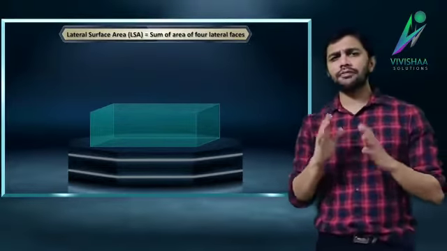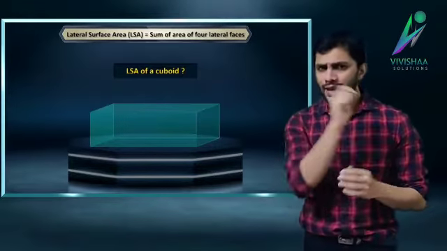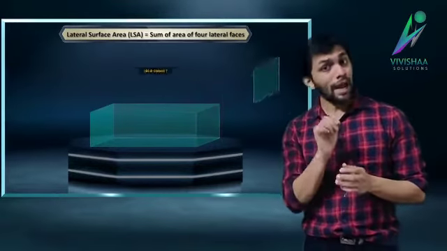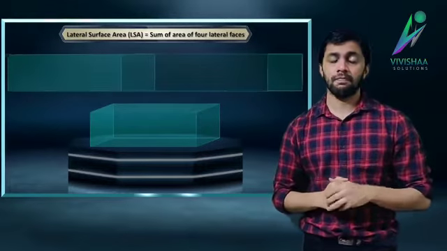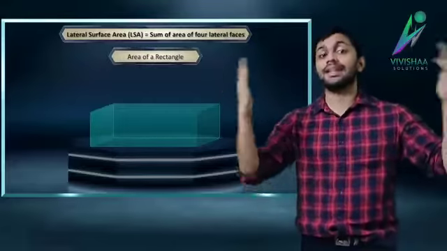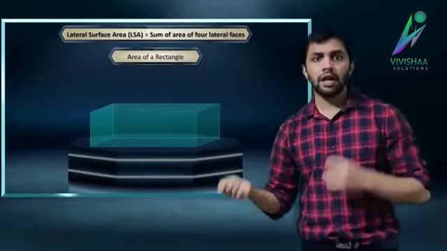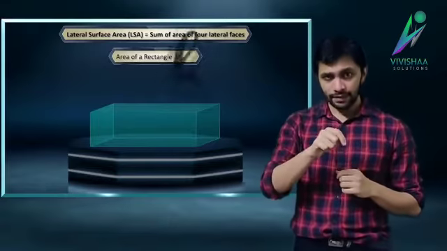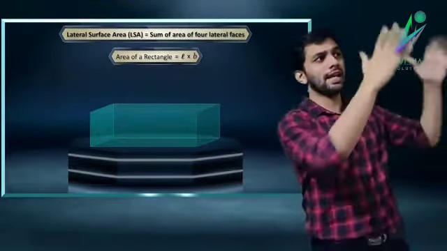Now, let's derive a formula to calculate the LSA of a cuboid. To calculate LSA, we have to find the areas of the 4 lateral faces. Like I said, this is a cuboid and hence it's not a square, it's a rectangle. So as each lateral face is a rectangle, we can apply the formula length into breadth to calculate the areas, because that's the area of a rectangle.